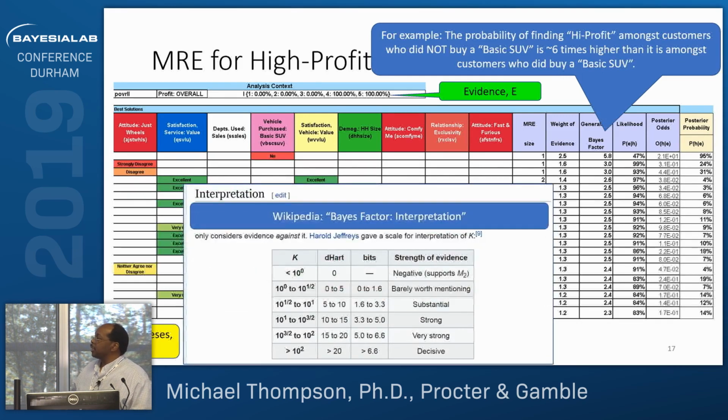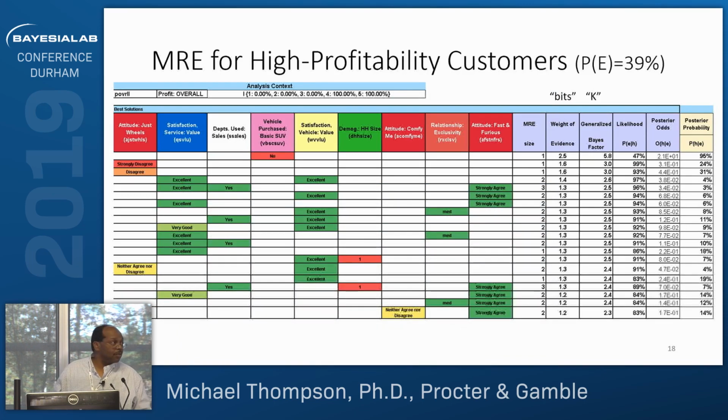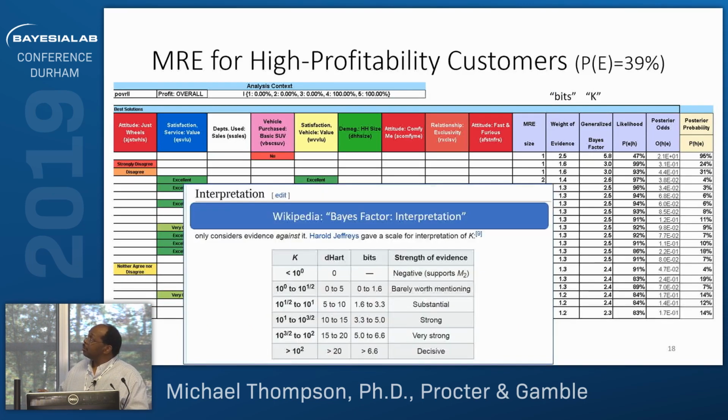One thing that should be noted is you can interpret the generalized Bayes factor as the Bayes factor is interpreted in general. Just from Wikipedia, you can look through and see the table.